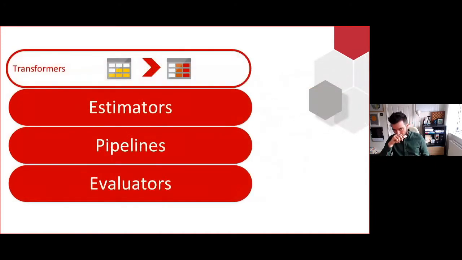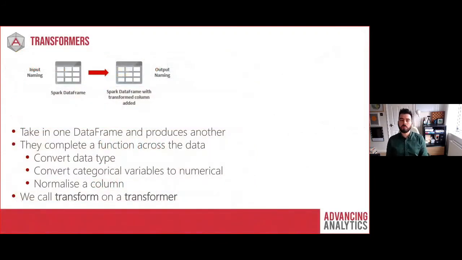Okay, so a couple of examples and a bit more. So a transformer will take in a Spark data frame and it will produce another. Data frames in Spark are immutable. You cannot overwrite them just by interacting with them. You can overwrite them by physically saying, yes, I want to overwrite you. But generally, data frames are immutable, and the ML aspect of Spark keeps that going.